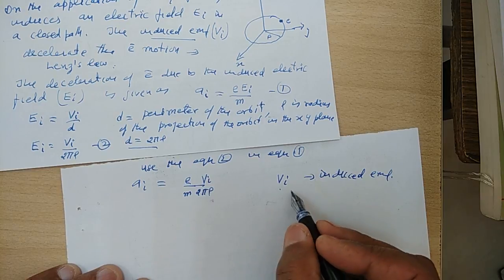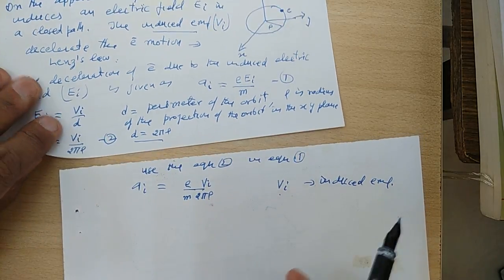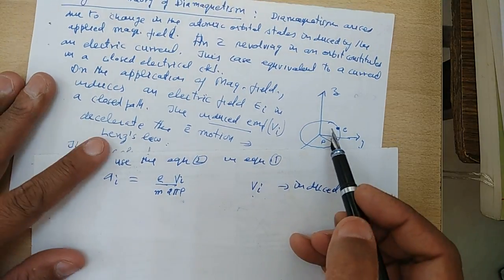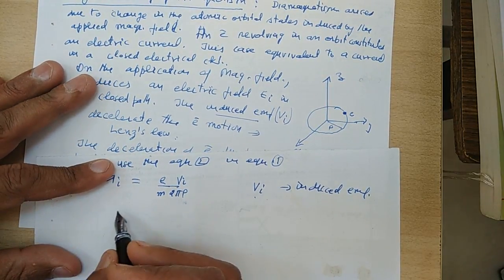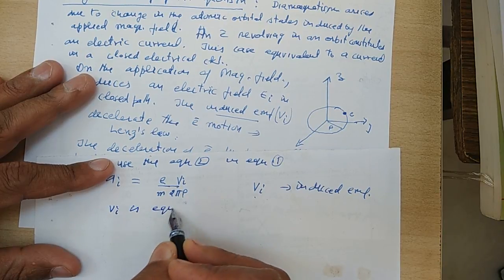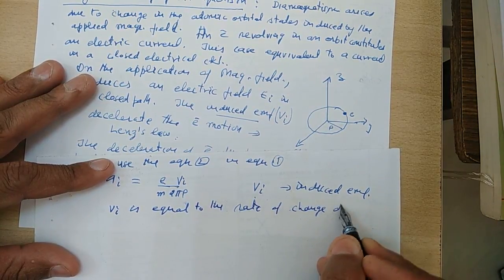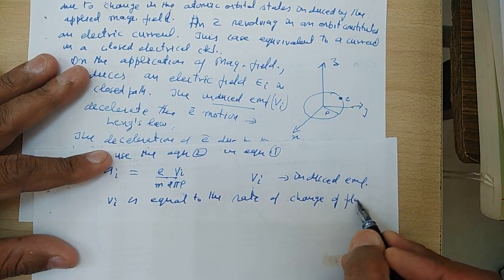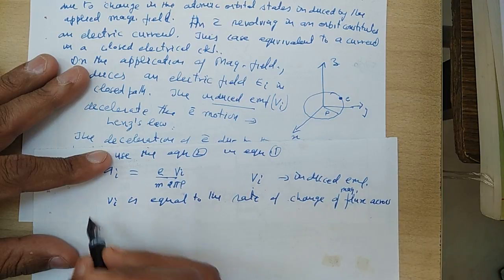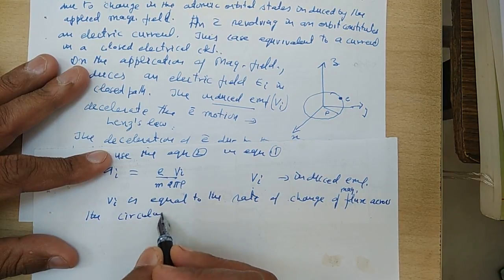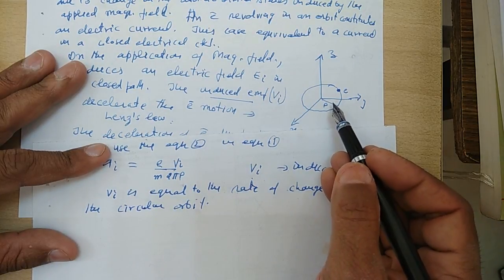and the value of this induced EMF is equal to the rate of change of the magnetic flux across this circular orbit, which is in the xy plane.